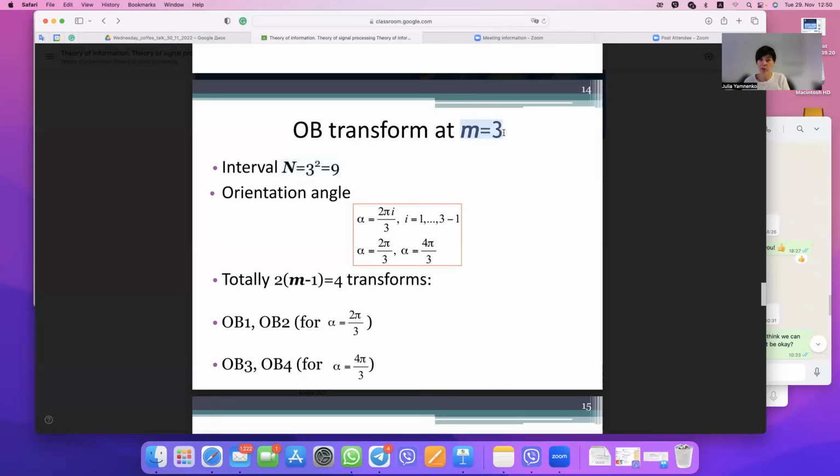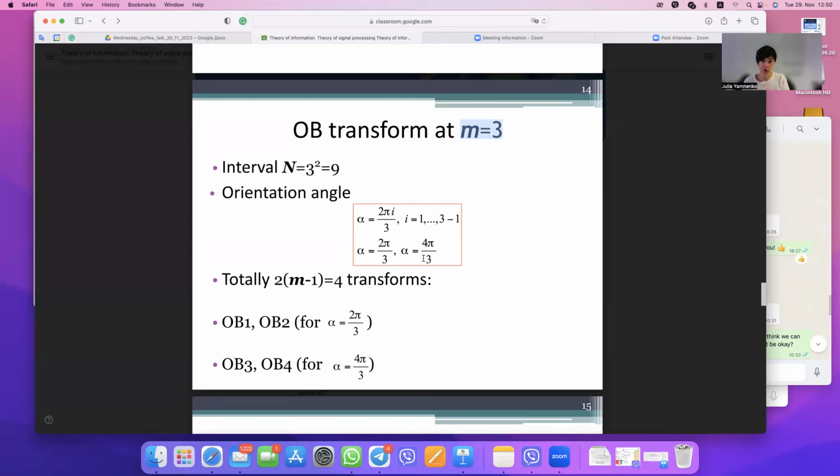Our m is equal to 3, so m minus 1 is 2. So I could take only 2 possible values, 1 or 2. So there are 2 possible angles, 2π over 3 and 4π over 3.